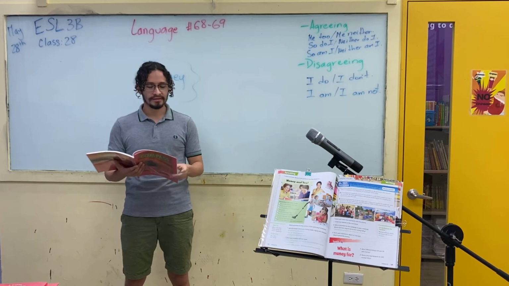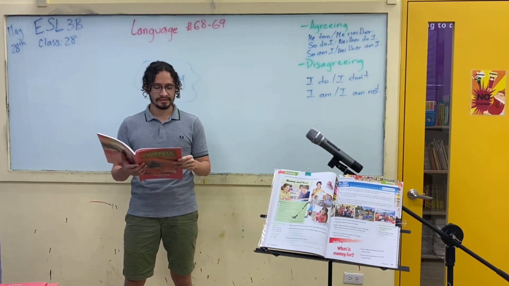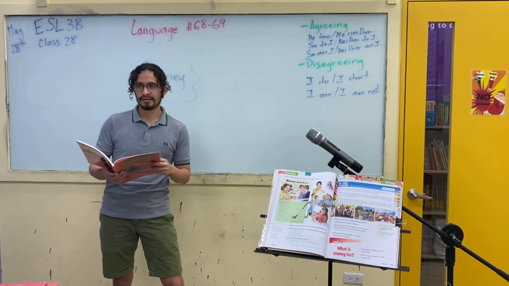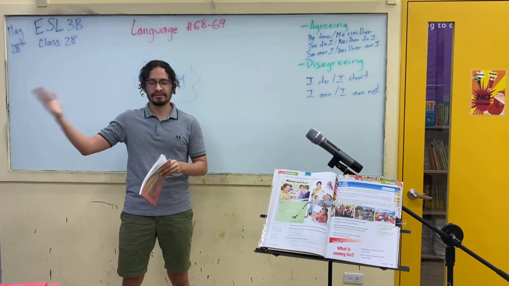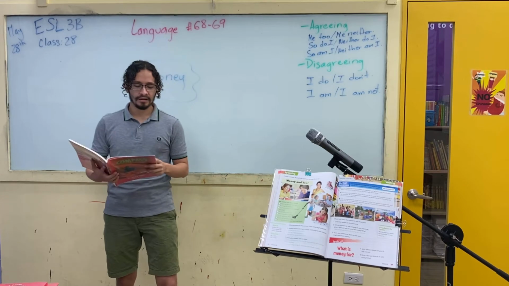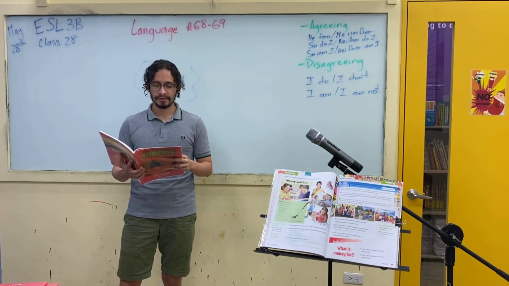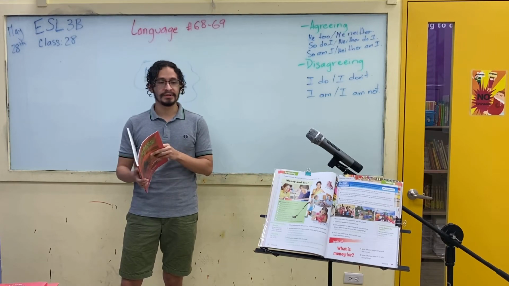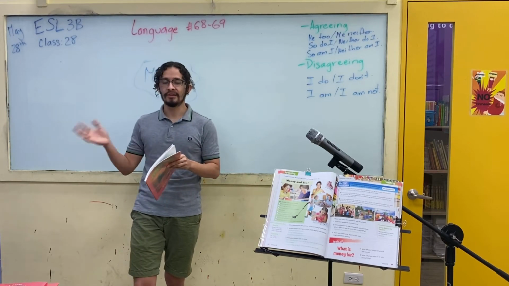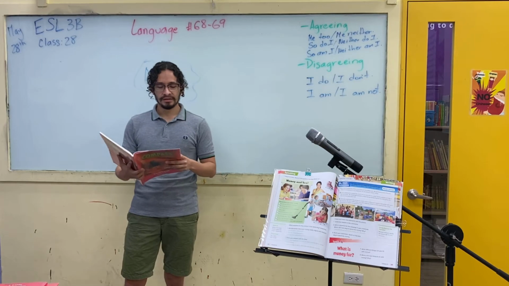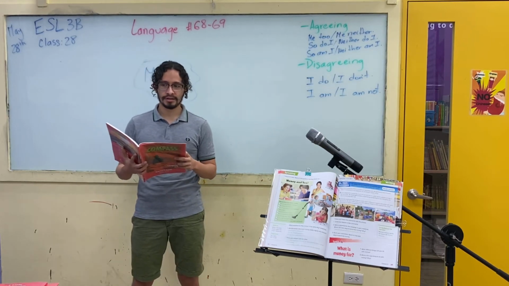So number one is generous. Generous is somebody who is always giving to other people. Number two, poor. Poor people are somebody who has no money or very little money. Number three, rich.